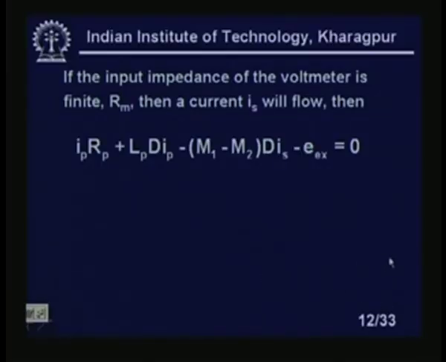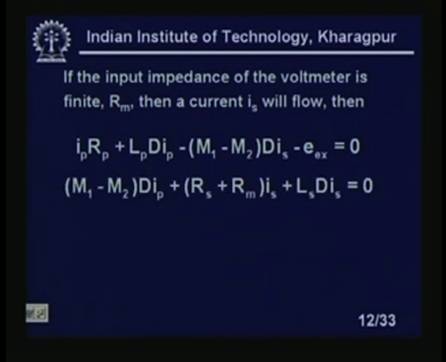So in that situation, my equations, if I look at the digital board, will look like: Ip Rp plus Lp dIp minus (M1 minus M2) dIs equal to minus Ex, and the secondary equation, (M1 minus M2) dIp plus (Rs plus Rm) Is plus Ls dIs equal to 0.